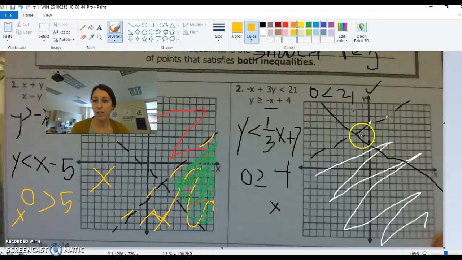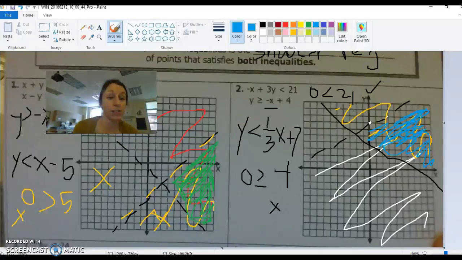So this was the line that we're talking about right here. 0, 0 for this line doesn't work. So the other side of that line is this part up here. And the area that works for both of them, that they were both shaded in, is this region. So this is where all of our answers are that work for both of the inequalities.